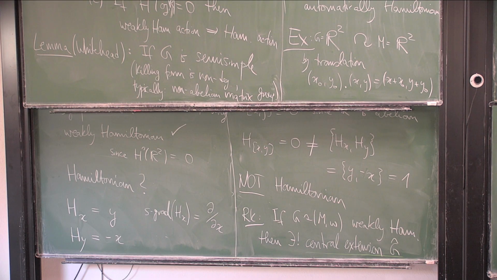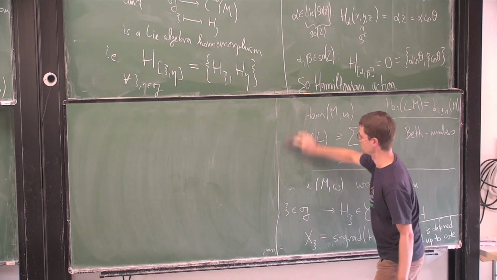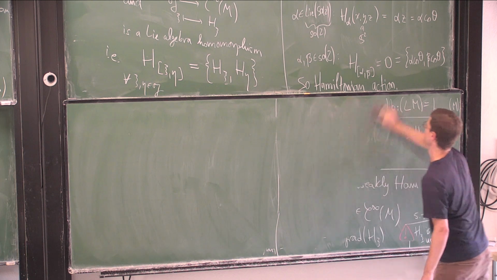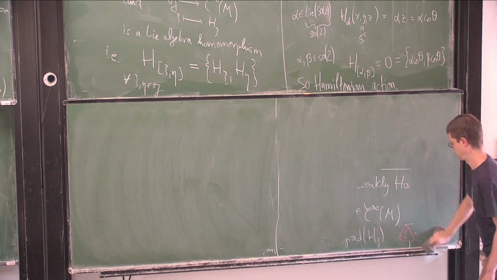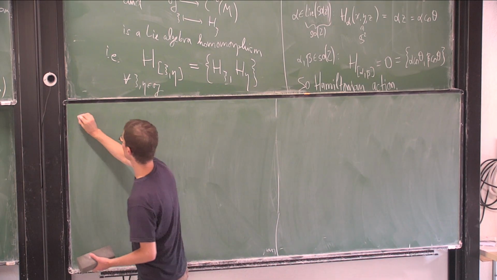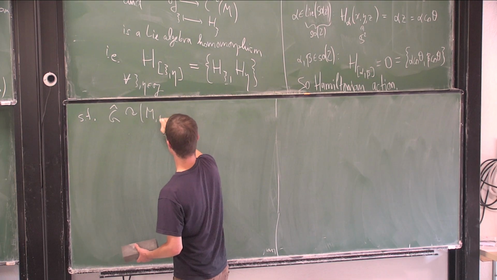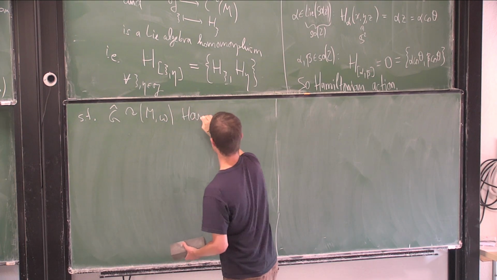There's a unique way to define this group such that the action of this new group becomes Hamiltonian. So there is a unique solution such that (G hat, X, ω) is Hamiltonian.